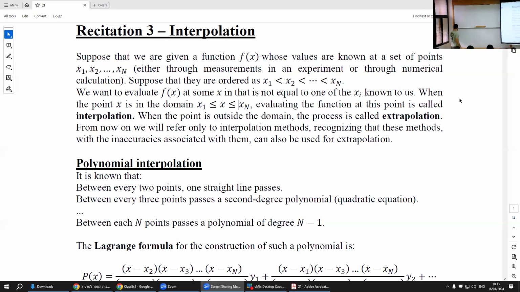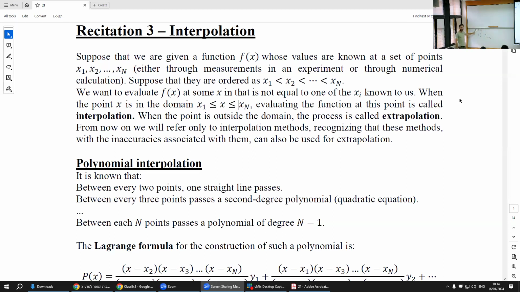And so how can I build this polynomial? This is the Lagrange idea. I want to build, for example, a polynomial which is called Lj of x, and I want it to be 1 when x equals xj, and I want it to be 0 when x equals xi, which is not the xj.